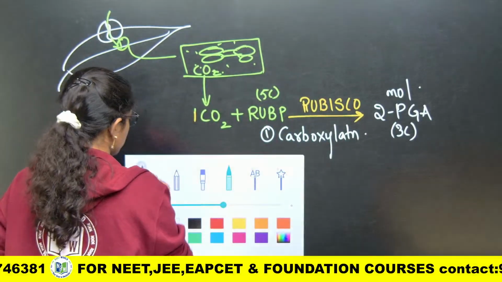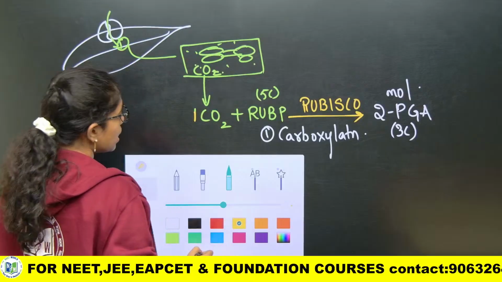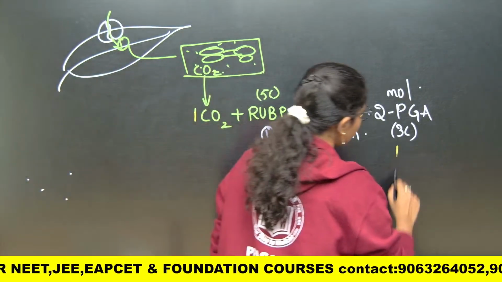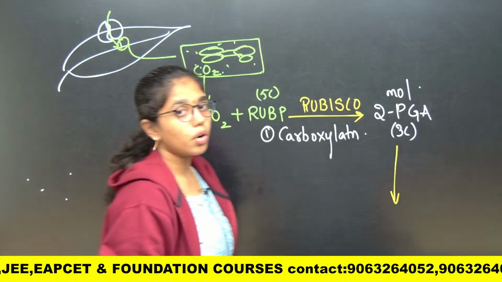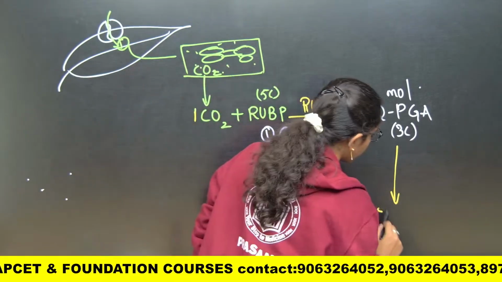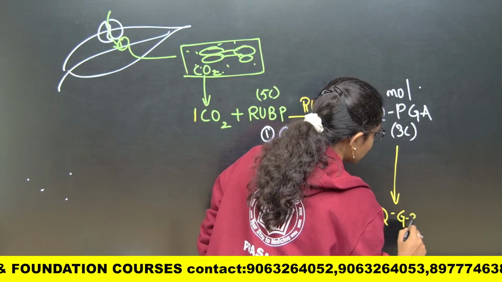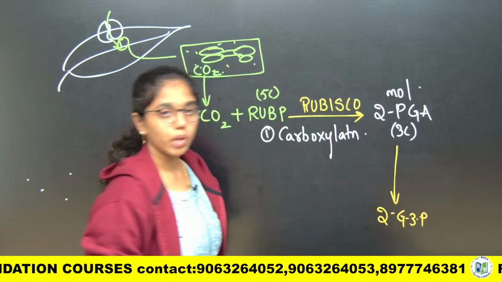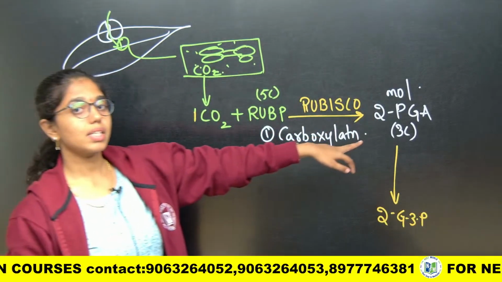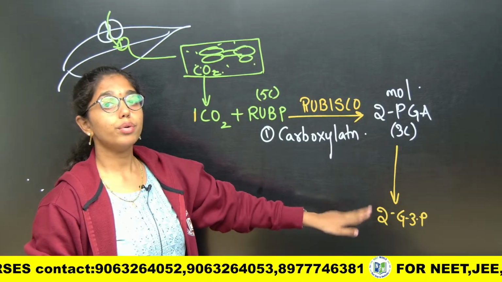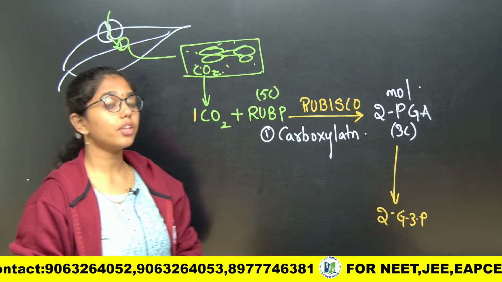Second step is the reduction step, where 2 molecules of phosphoglyceric acid are converted to 2 molecules of glyceraldehyde 3-phosphate.